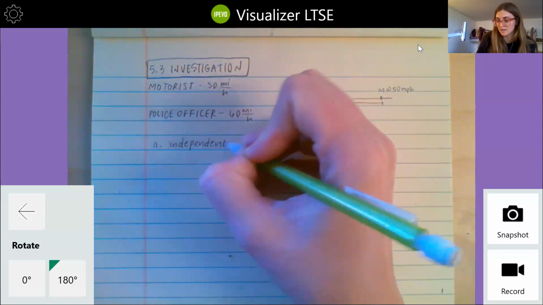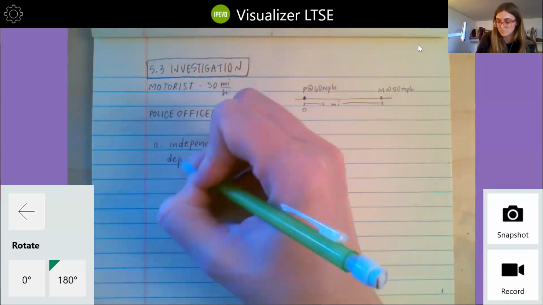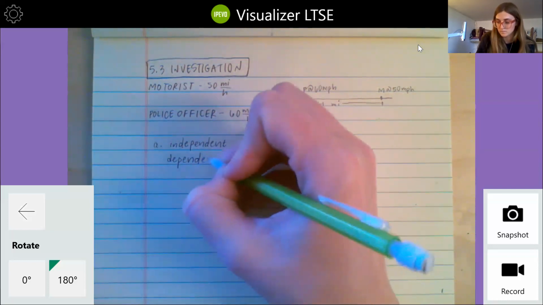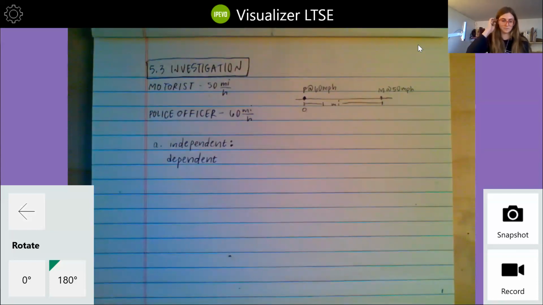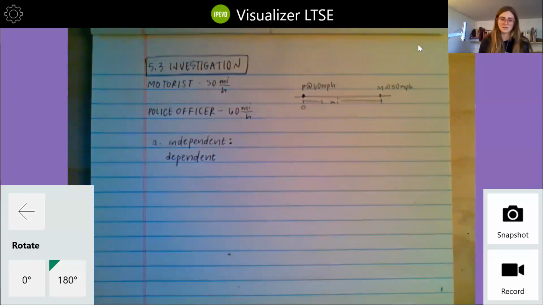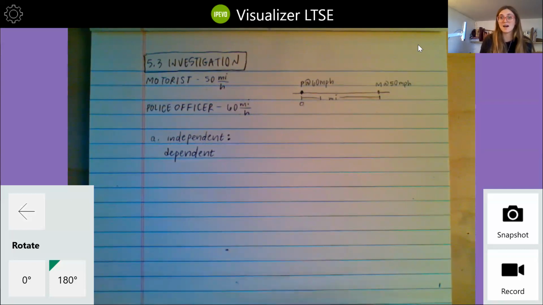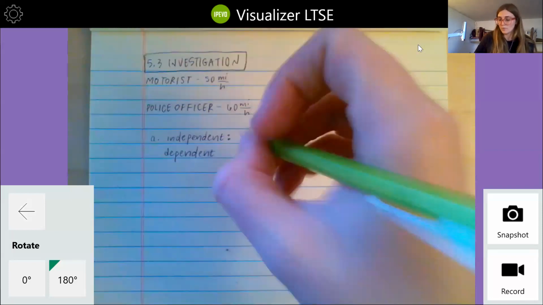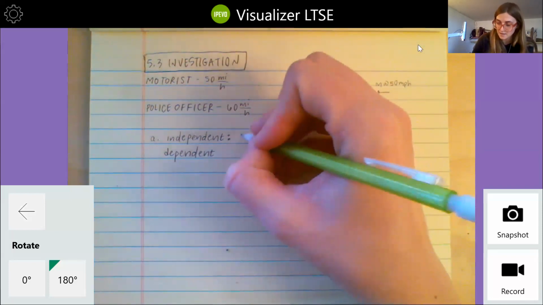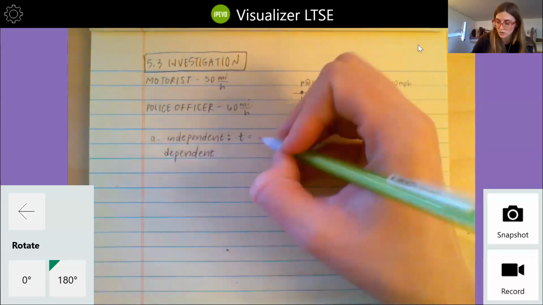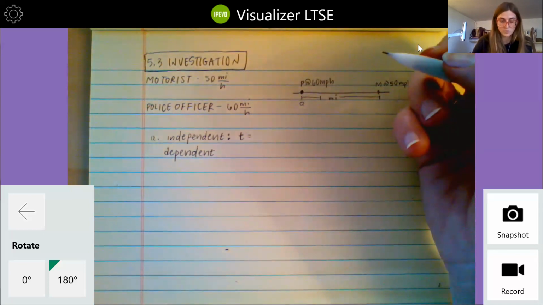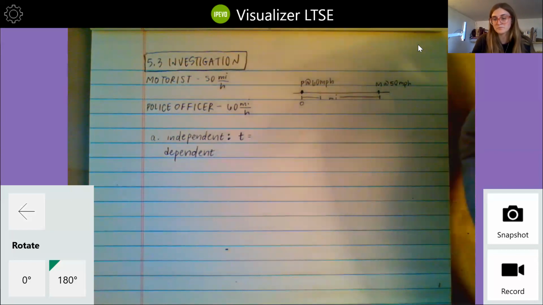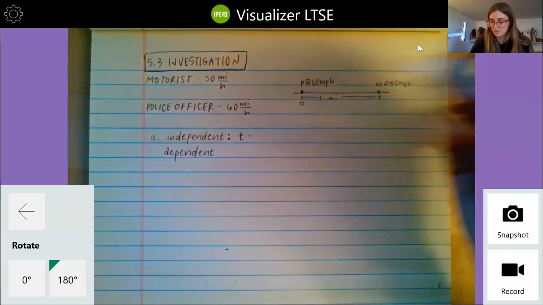and the dependent variable. The independent variable is going to be the time that they're driving. So we're going to say that that's t, and it equals the amount of time in hours that each person is driving.